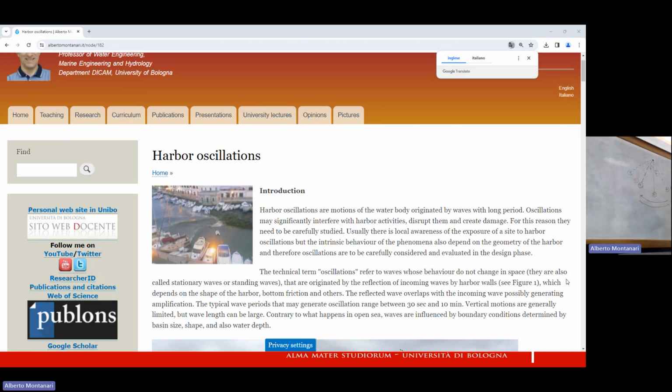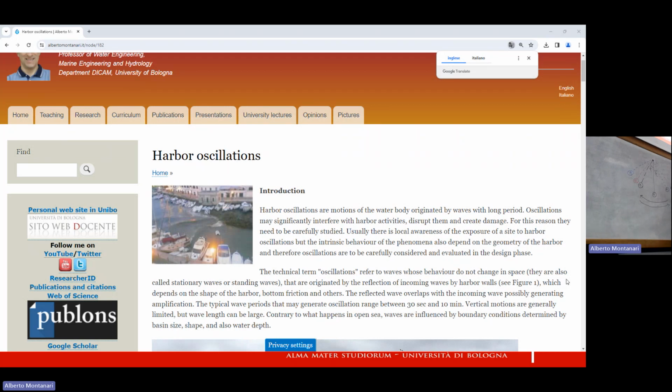So the pendulum is very easy to understand, but you have to consider that any rigid body or body of fluid that is potentially subjected to oscillation has a characteristic period of this oscillation.